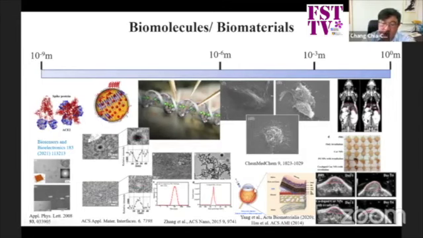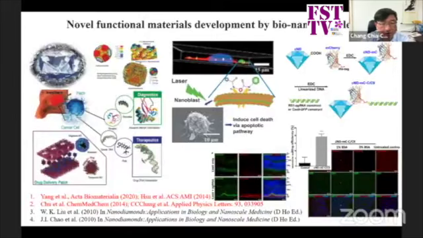We also use some nanocarriers to efficiently deliver the CRISPR system and see whether we can build disease models in the future.